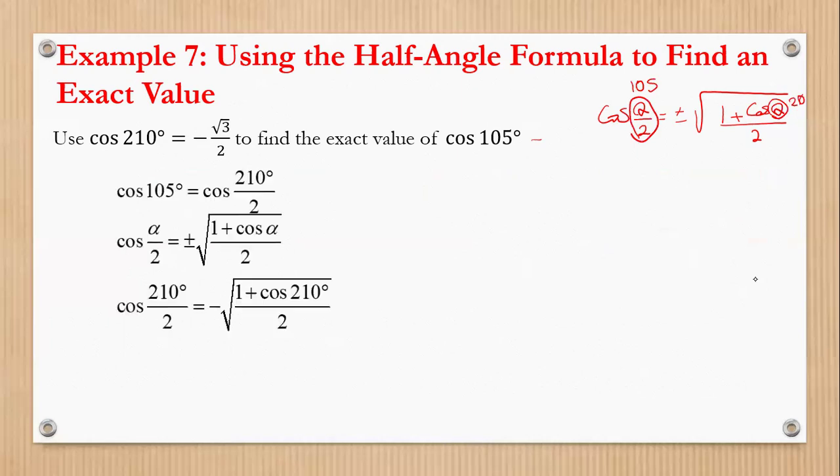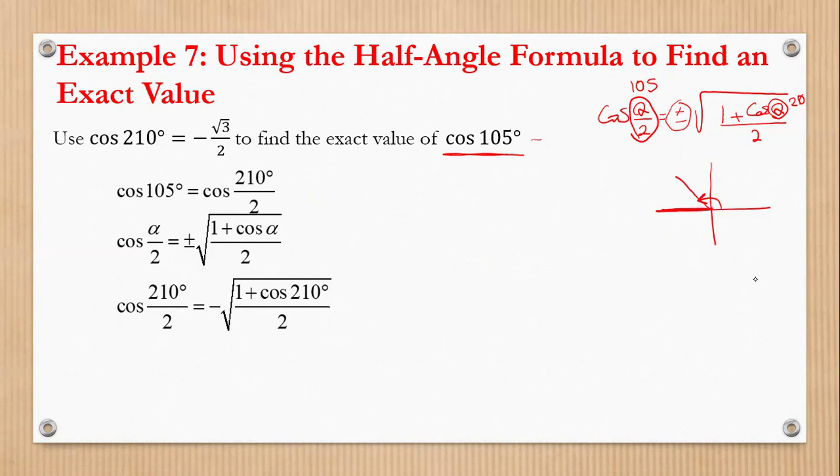We know the cosine of 210. We can replace it with negative root 3 over 2. But which one of plus and minus works, based on where the half angle is? My half angle, or 105, is in quadrant 2, because 105 is an angle in the second quadrant. And in the second quadrant, the cosine is negative.